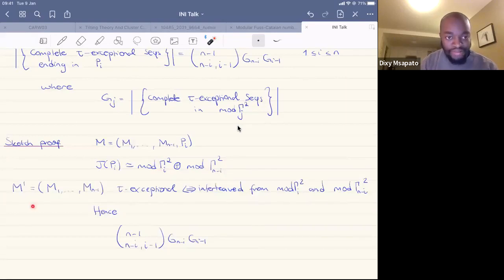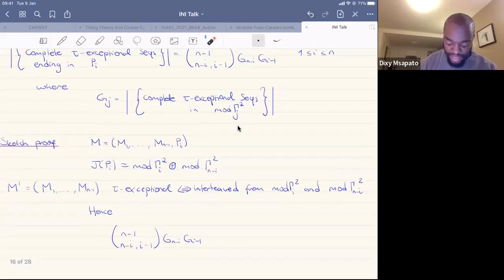And like I said, M' is a tau exceptional sequence in that category, and by an earlier proposition, M' is going to be a tau exceptional sequence if and only if it's an interleaved sequence from mod Gamma_{i,2} and mod Gamma_{n-i,2}. Because we're considering a complete tau exceptional sequence, M' is going to be complete if and only if it's interleaved from two tau exceptional sequences, one coming from mod Gamma_{i,2} and one coming from mod Gamma_{n-i,2}.